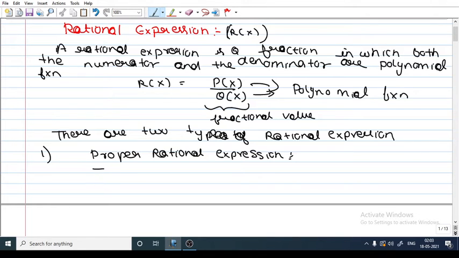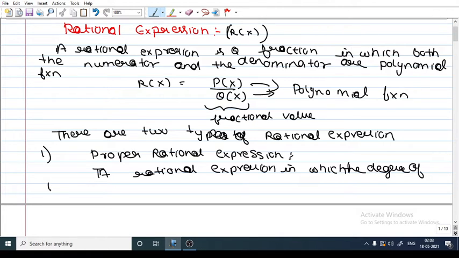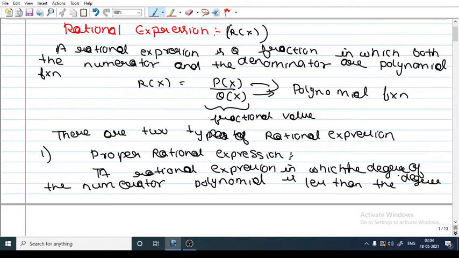Okay, let me write a rational expression in which the degree of the numerator polynomial is less than the degree of the denominator polynomial. So this is the definition.